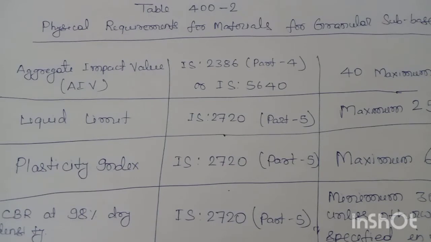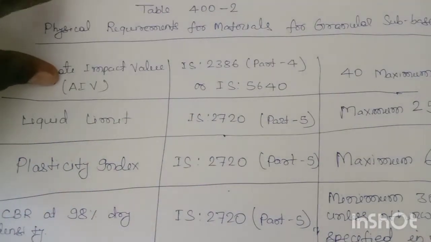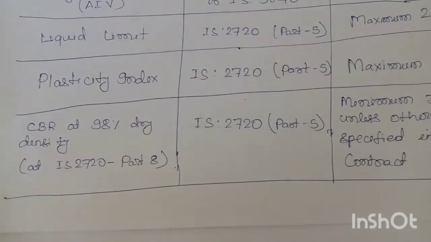Plasticity index, IS 2720 Part 5: maximum 6. CBR at 98% dry density, according to IS 2720 Part 8: minimum 30 unless otherwise specified in the contract.